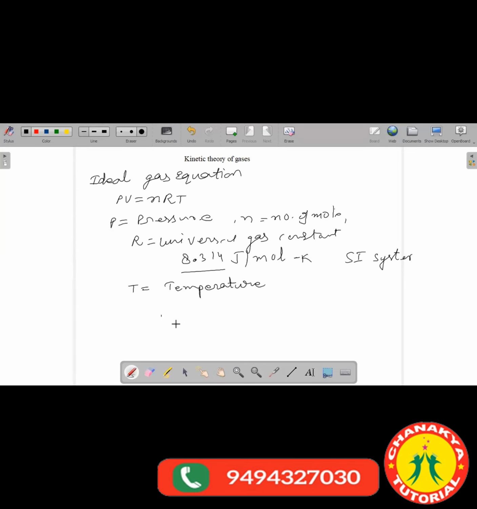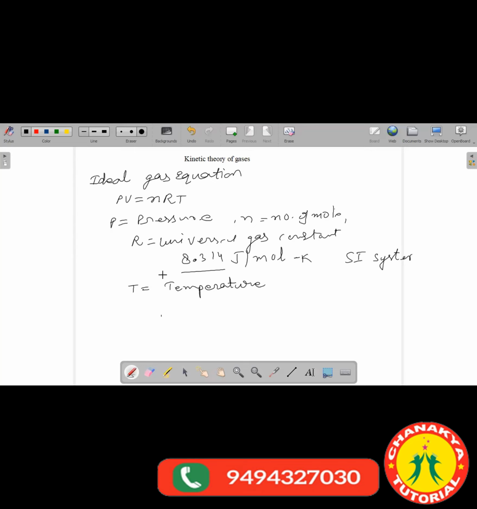Now this equation gives a relationship between pressure, volume and temperature, the three thermodynamic variables. We call them the thermodynamic variables. So this gives a relationship between all the three.